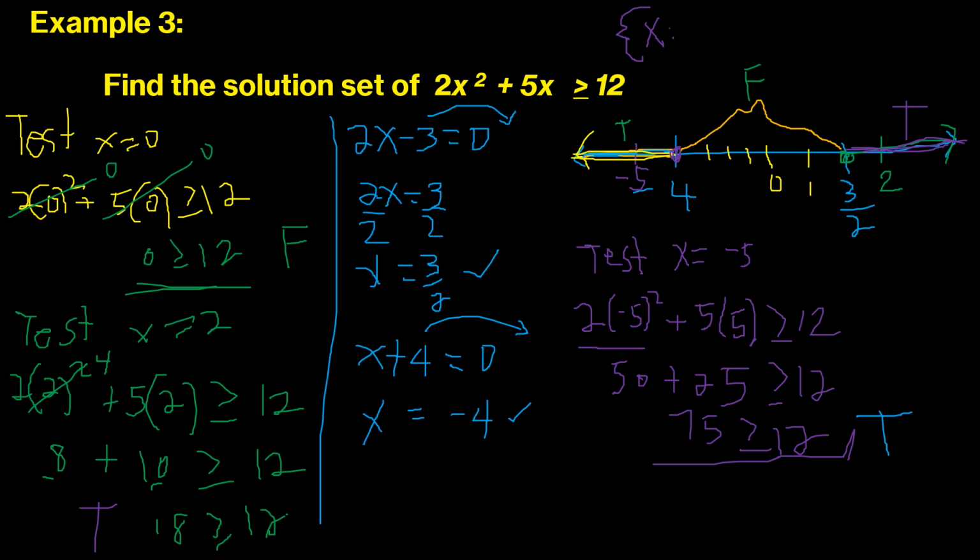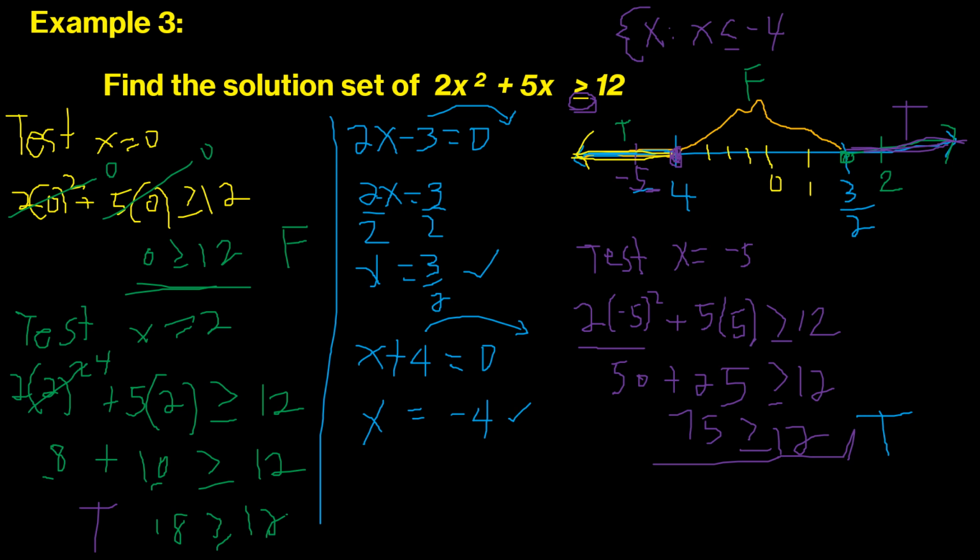So the numbers at the left of -4 is x such that x is less than or equal to -4.